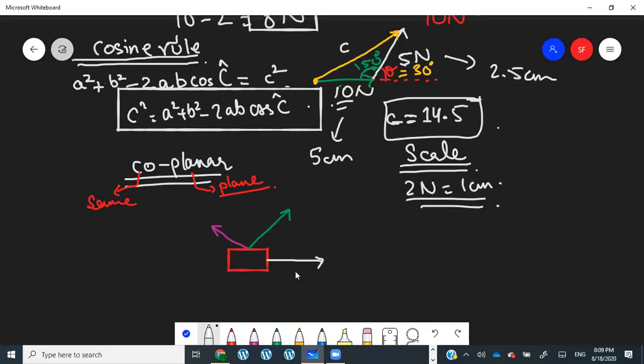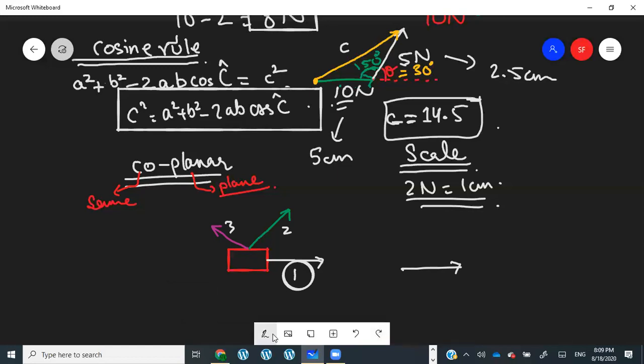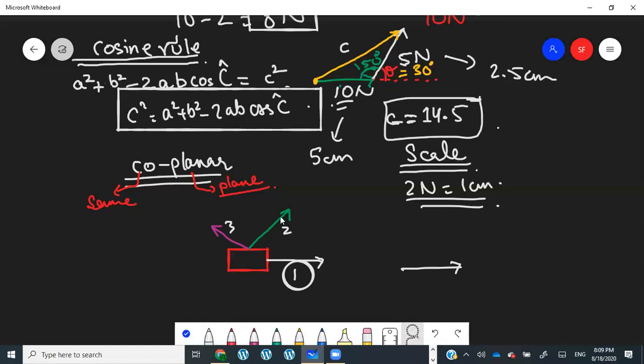So take any one, let's assume this is the first vector, this is the second, this is the third vector. I place the first vector over here, I pick up the second vector and place it over here, at the head of the first vector and the tail of the second vector.